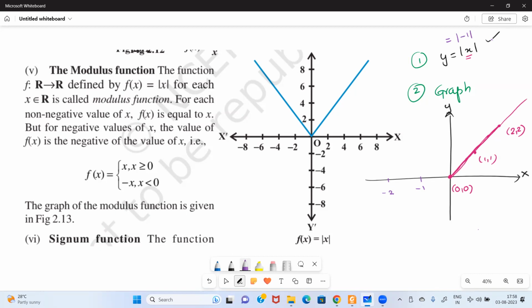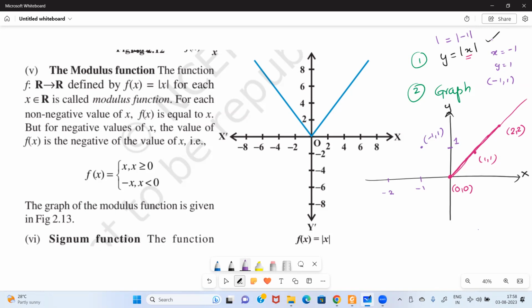What is mod of -1? 1, sir. That means when x is -1, y is 1. So the point will be here. It will be (-1, 1).